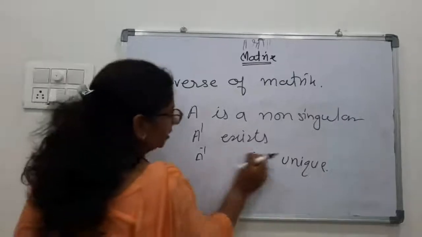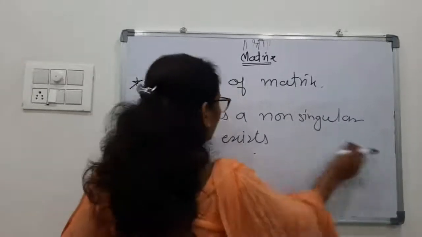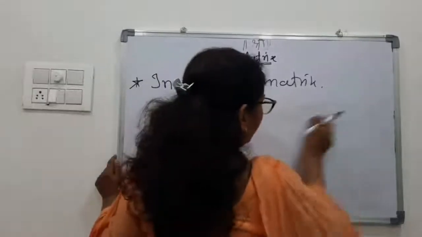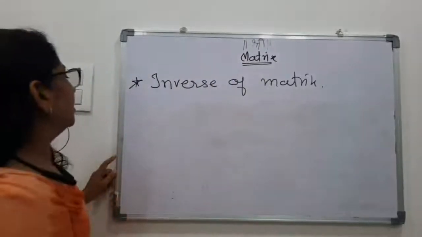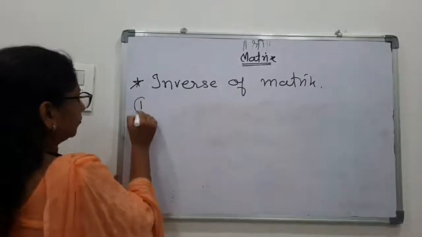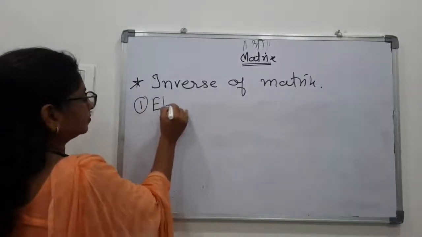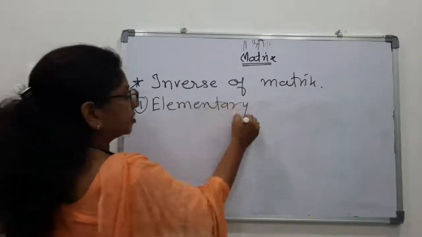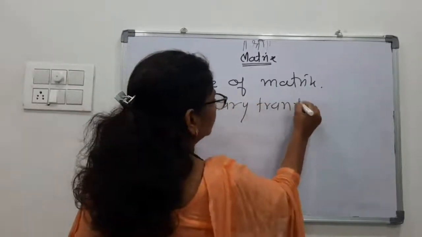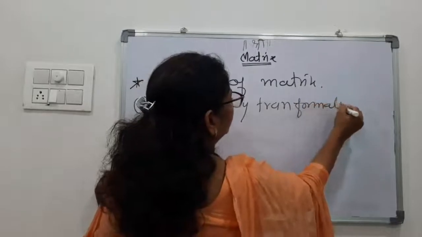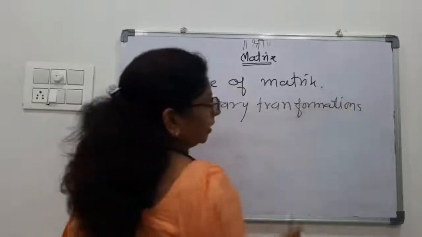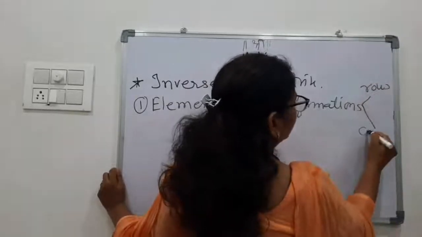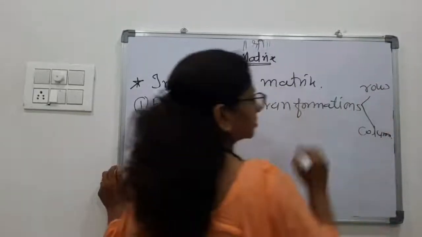Now we will see the methods of finding inverse of any non-singular matrix. So there are two methods. One is using elementary transformations, and there are also two, we know that, row transformations and column transformations.